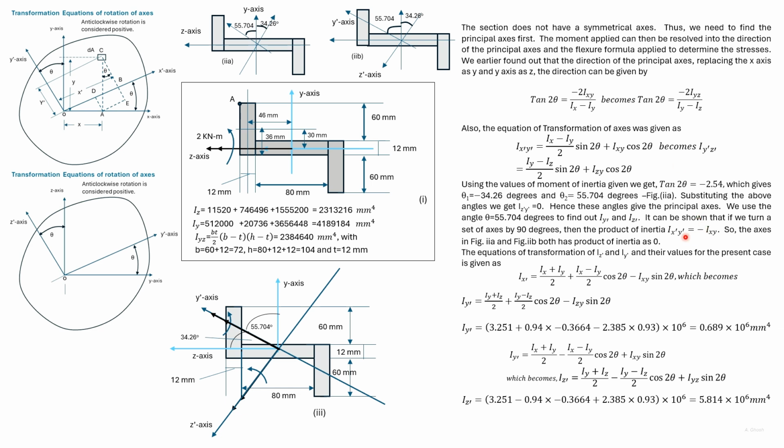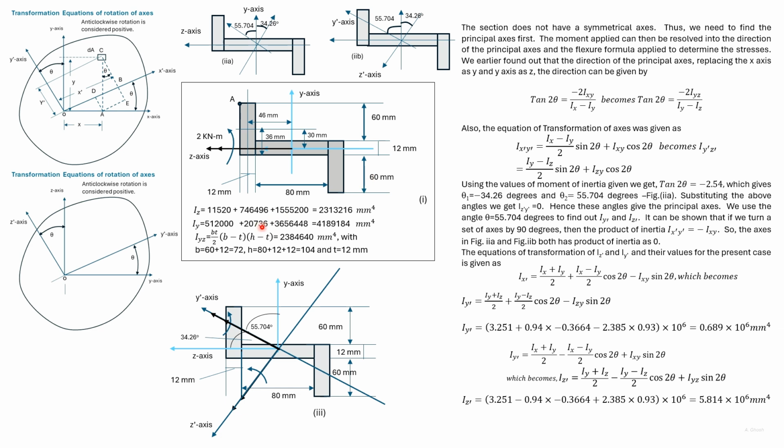Note that if there's a 90-degree rotation, then Iy'z' is equal to minus Iyz. So if there's a 90-degree rotation and the product of inertia is 0, then with the rotation, the product of inertia will still remain 0. So instead of using these two axes, we have used these two axes. So this angle has been considered as theta.